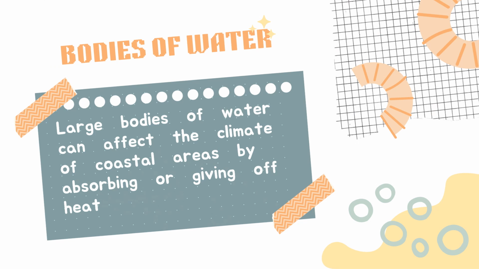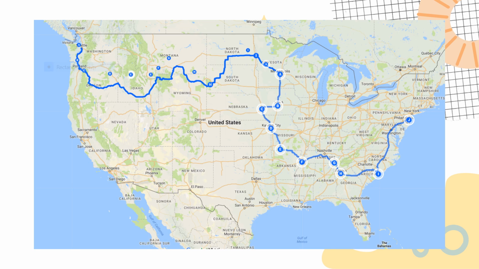The next factor that affects climate is the body of water. Large bodies of water can affect the climate of coastal areas by absorbing or giving off heat. Washington and North Dakota sit at similar latitudes, but one of these two cities enjoys a more moderate climate than the other.